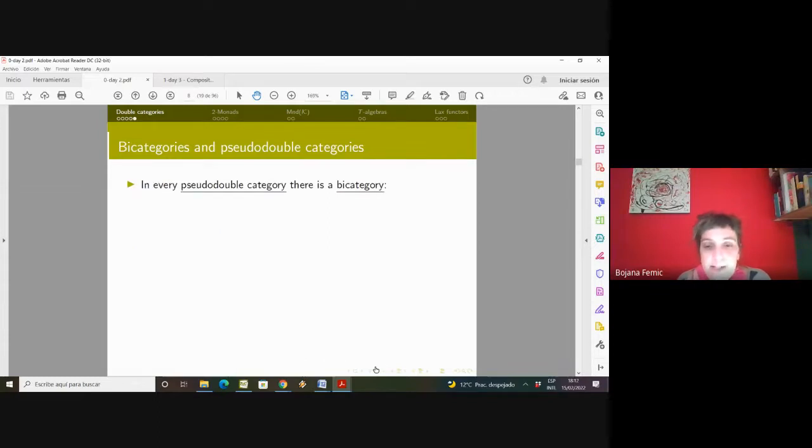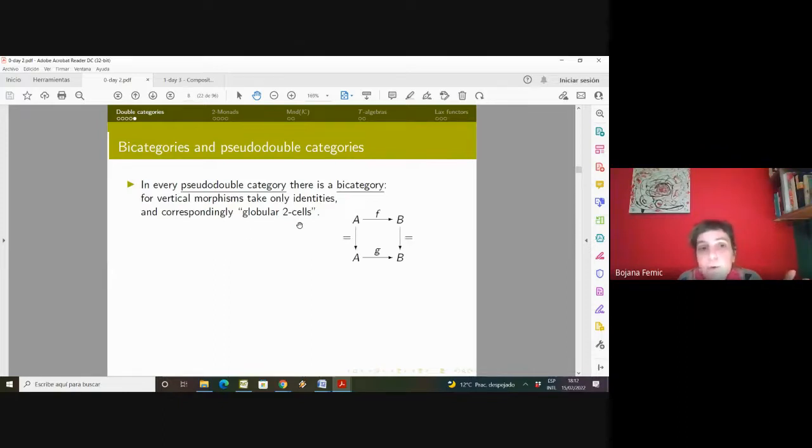Okay. So now, based on this example, 2 comments. Firstly, in every pseudo-double category, there is a bicategory. How? Well, for vertical morphisms, take only identities. And correspondingly, the globular 2 cells, they are called globular, are of this type.